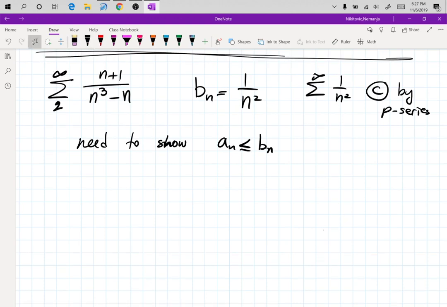We might have to switch some stuff, but try the proof. You have your an, you have your bn. Try to run the inequality proof.